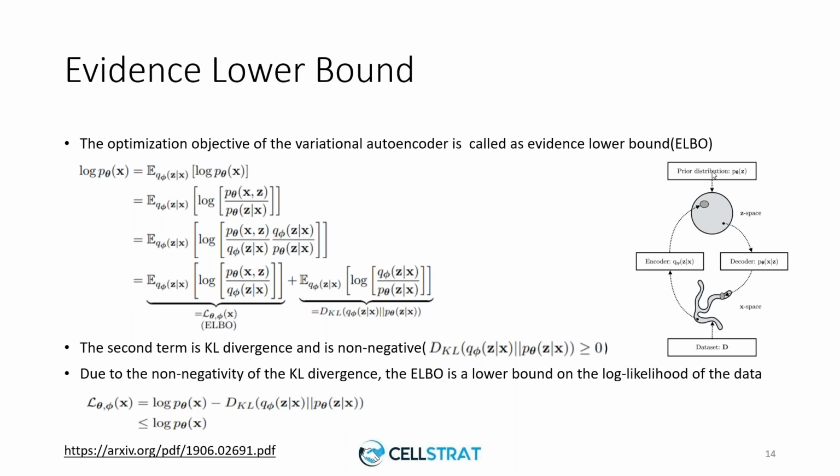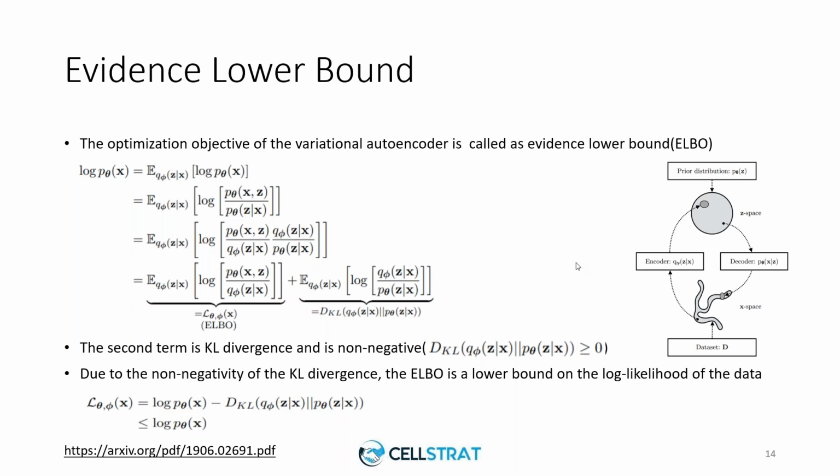I got the point that they are inversely proportional because they are being added. Since you want to maximize log p theta x, if DKL goes down, then ELBO goes up and vice versa. So they are inversely proportional. But what is the intuition of ELBO then?